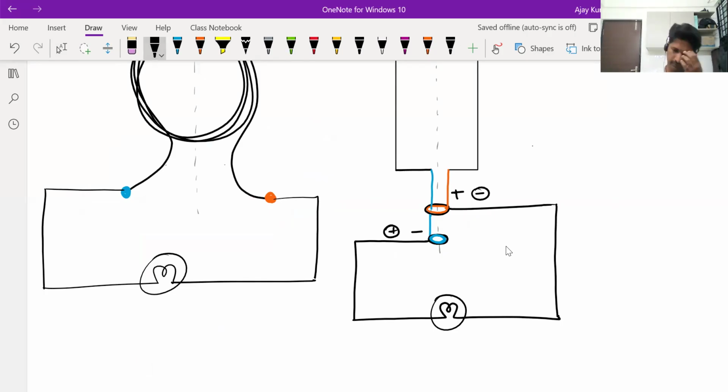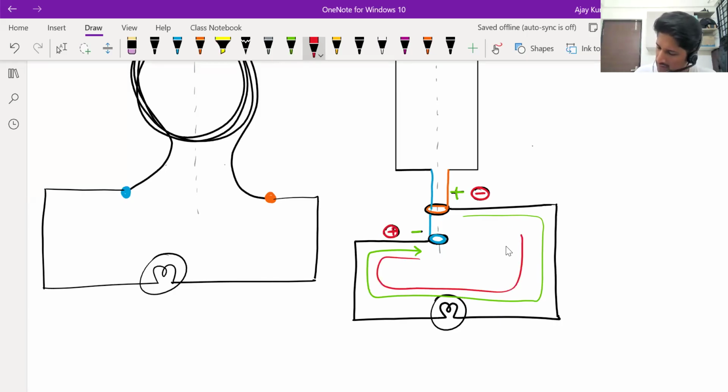So for some time, when orange is at high potential and blue is at low potential, current will go this way through the bulb. When orange is at low potential and blue is at high potential, then current will flow the other way.